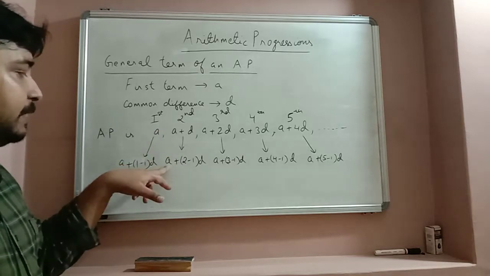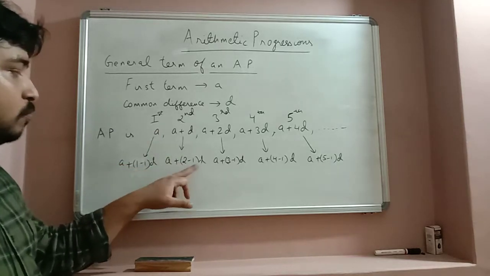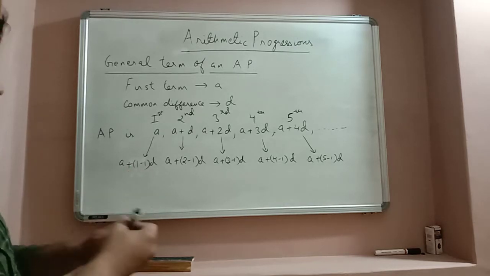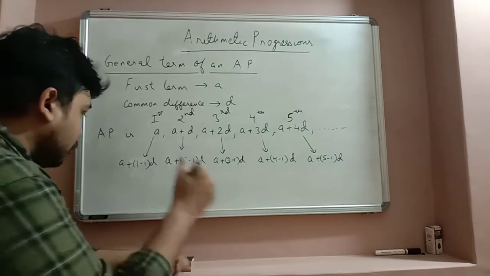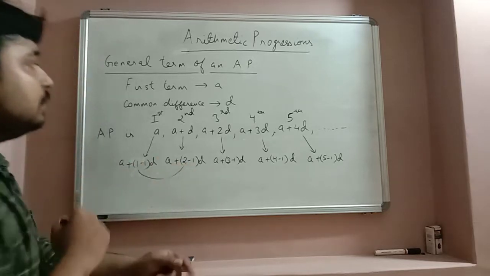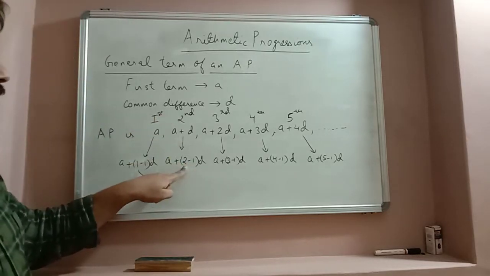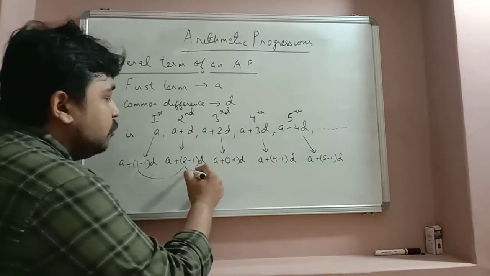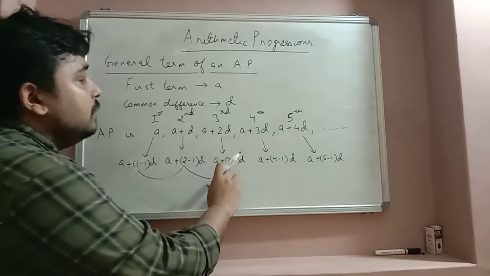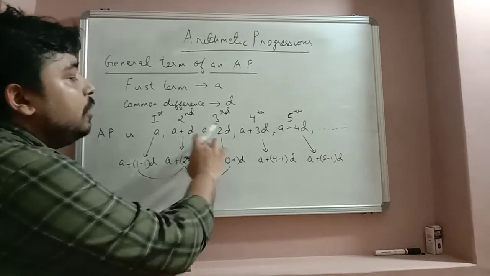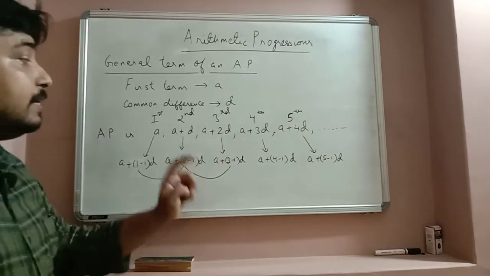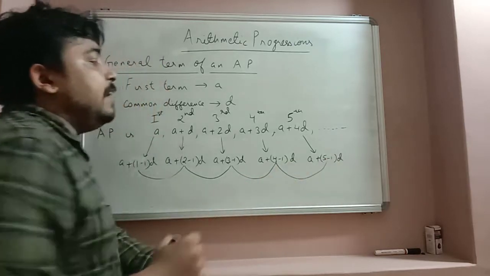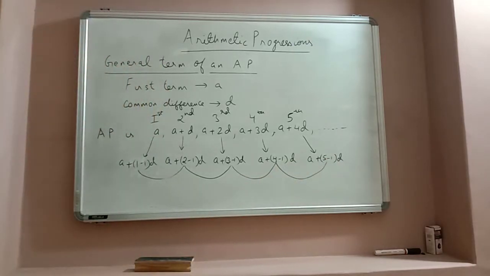Now the second term is a plus (2 minus 1) into d. Now everything is the same as in the first expression except this number. So this number changes from 1 to 2. In the second term, we have used 2. Now to determine the third term, we use the same expression, 2 changes to 3. So in the third term, I have used 3 and we got a plus 2d. Similarly, in the fourth and the fifth term, we have used 4 and 5 to determine the terms.